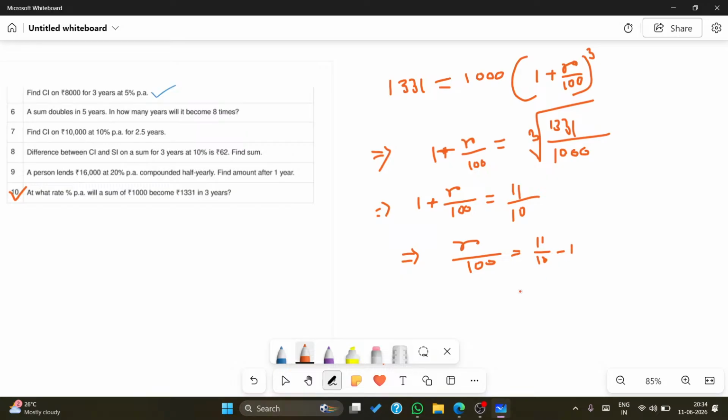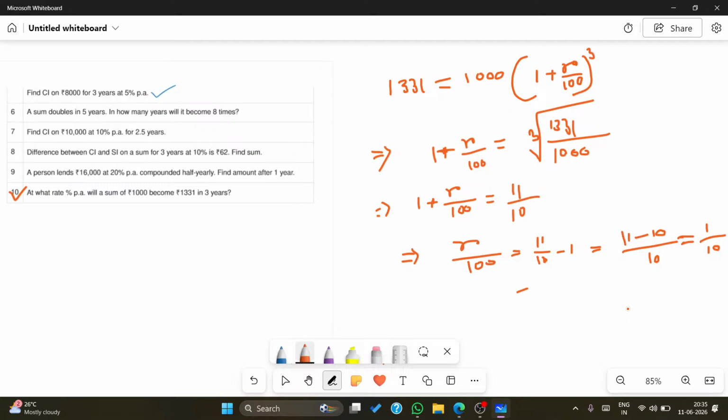So this will be 11 divided by 10 minus 1, which is 1 by 10.